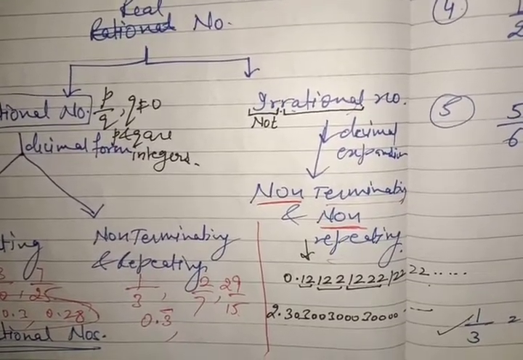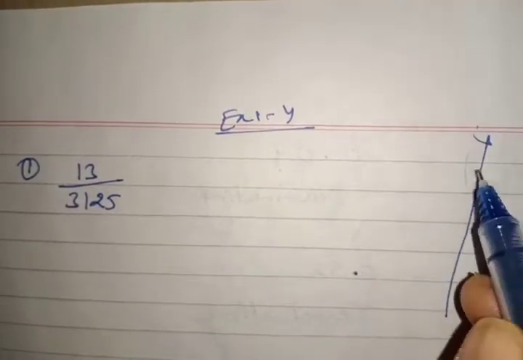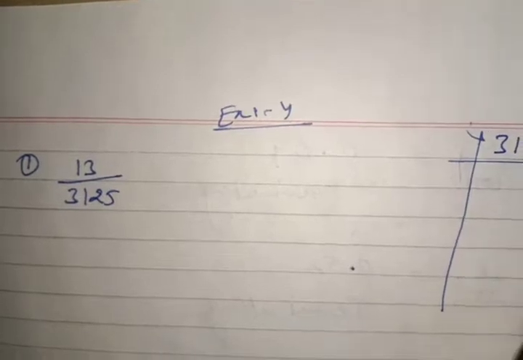Now we can start our exercise 1.4. I am taking some of the examples. 13/3125. The question is, without actually performing the division, state whether these are terminating or non-terminating repeating. So we will find the prime factors of 3125.